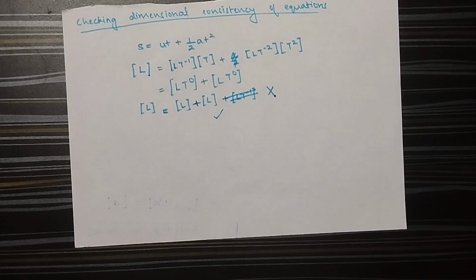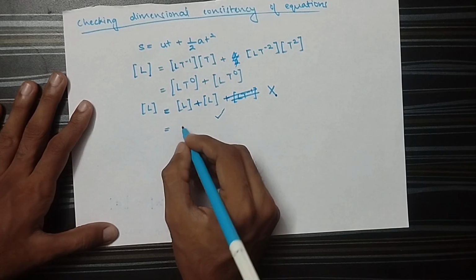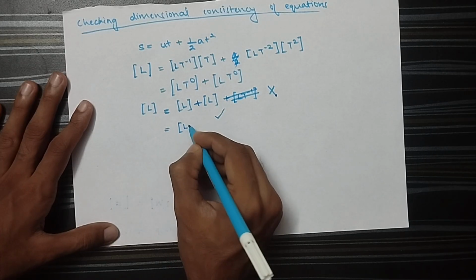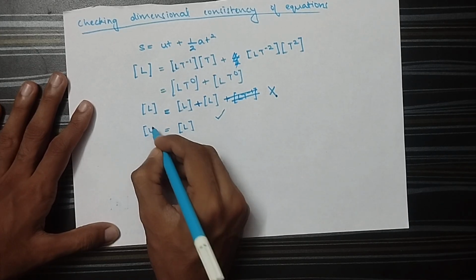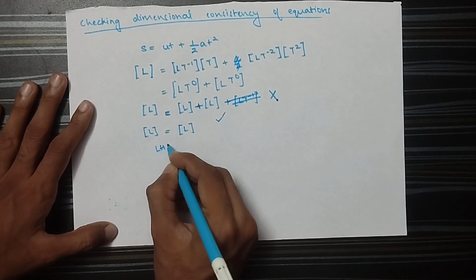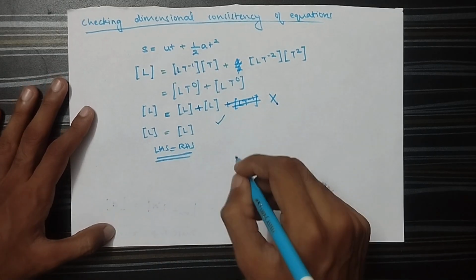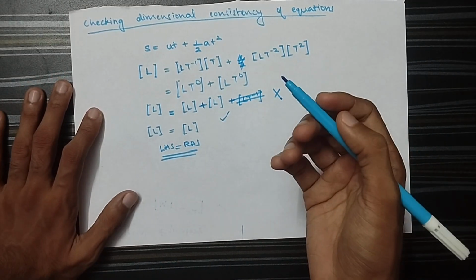So what did we say? It says that we can only add and subtract dimensions if they are of the same dimension. So these are of the same dimensions, so we can write L plus L is L itself. We don't write the 2L because 2 is a dimensionless constant, so we just got LHS equal to RHS. Hence this equation is dimensionally correct.